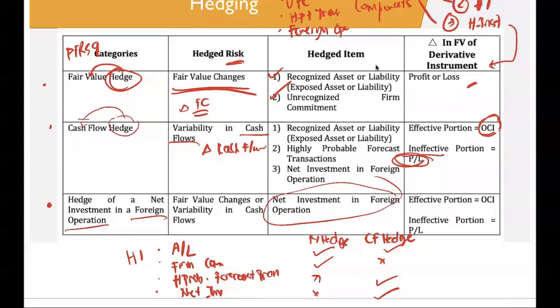Highly probable forecast transaction and net investment in foreign operation can only be a cash flow hedge. While your recognized asset or liability can be either. Our main focus is your recognized asset or liability, which can be accounted for as a fair value hedge or cash flow hedge. But our main focus later is your fair value hedge. Okay?